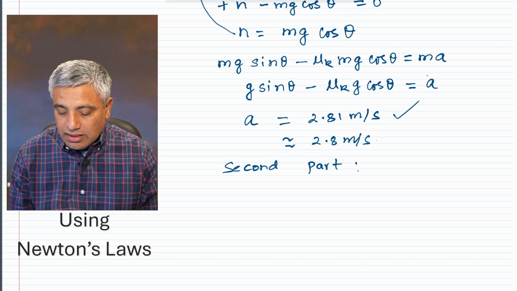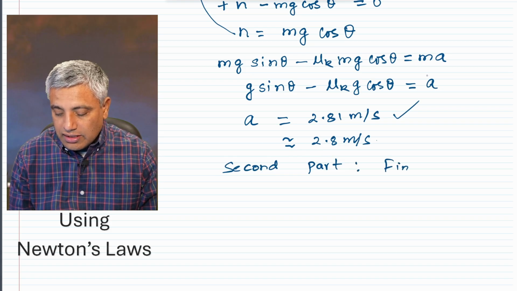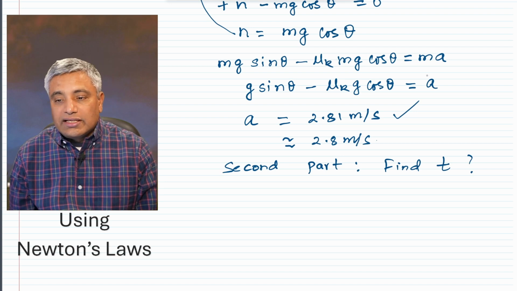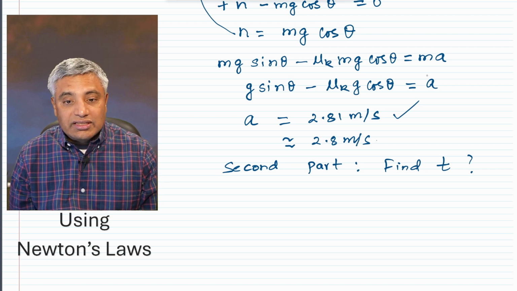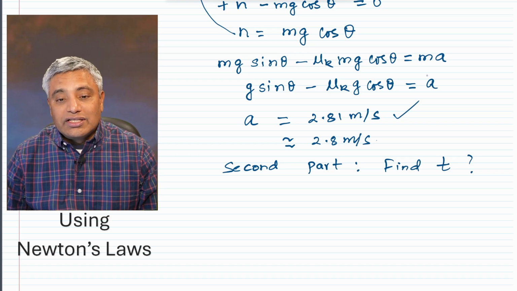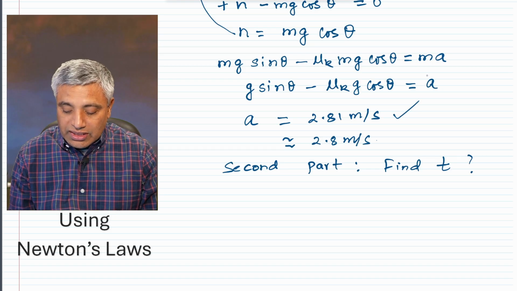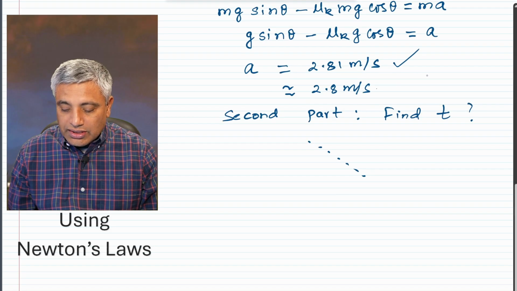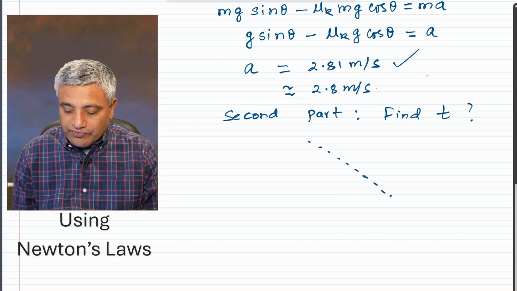So now the second part is to find the time interval. To find the time interval, see, in the dynamics there is no time in the equation, so that means we need to go back to the kinematic equation. To use the kinematic equation, we want to draw a sketch of the situation.